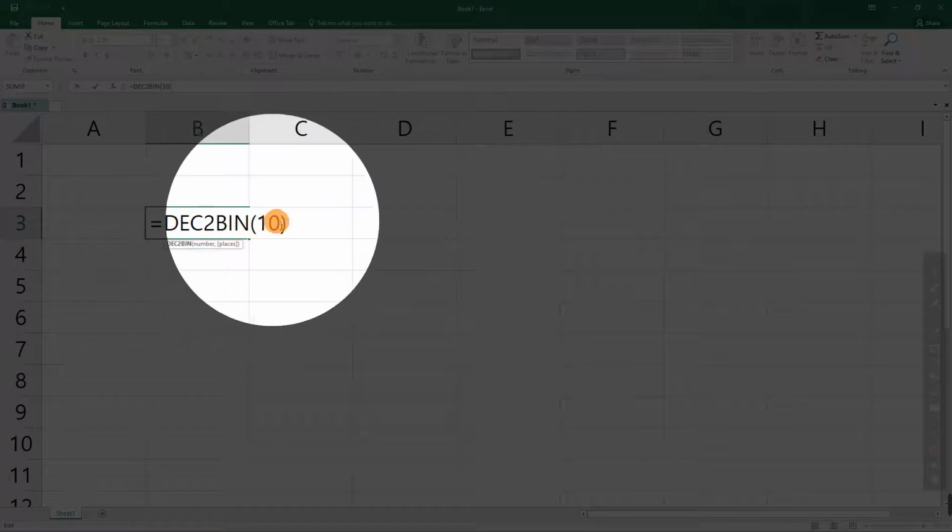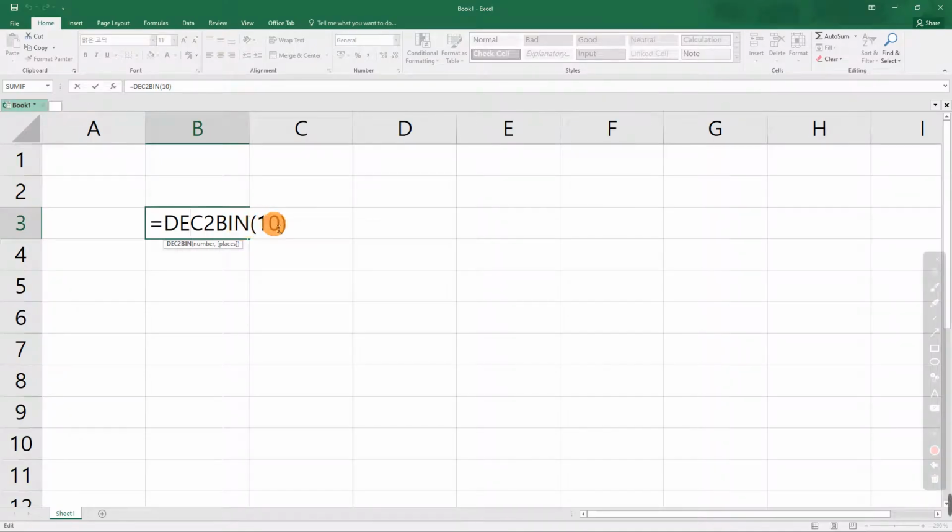It has one argument, as you can see here. Now I want to convert 10. 10 is in decimal system, right? If it's binary system, I won't say 10, I will say 10 in a binary system. But now it's 10.